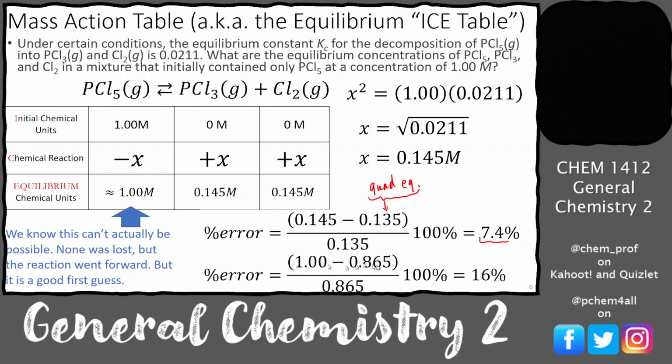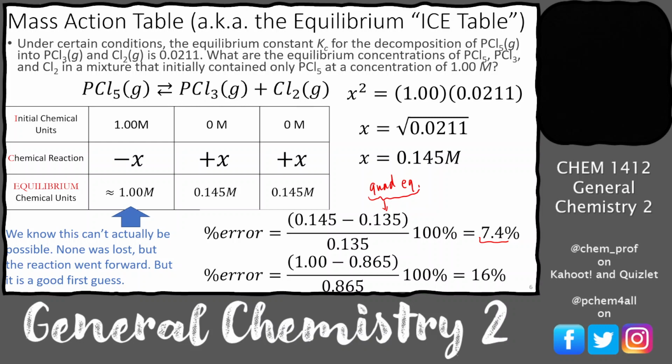Well, that would be 1 minus the 0.865, which we got from the quadratic equation, divided by the 0.865. So that's 16% error. That's pretty big. It's 84% right. The other is 93% right. Hey, that's not bad.